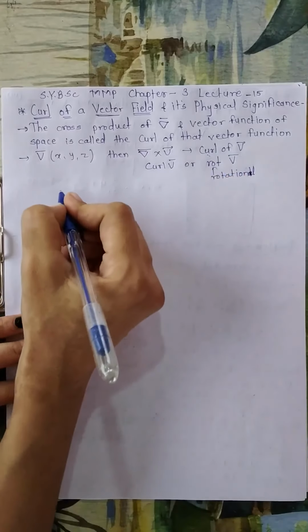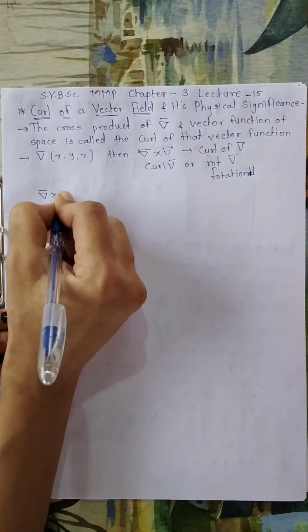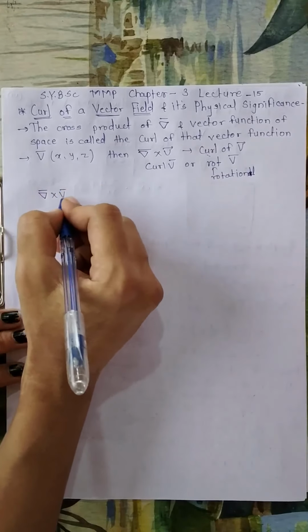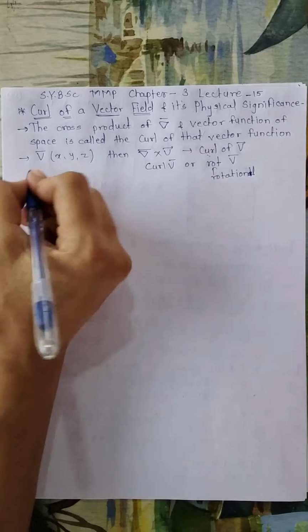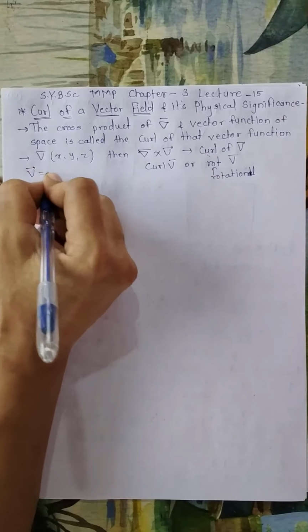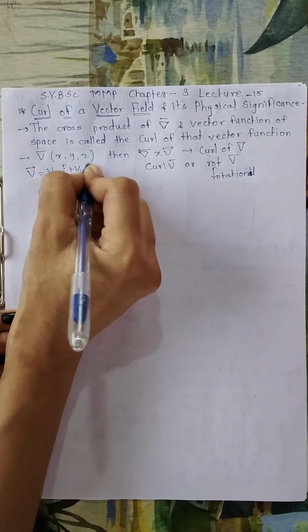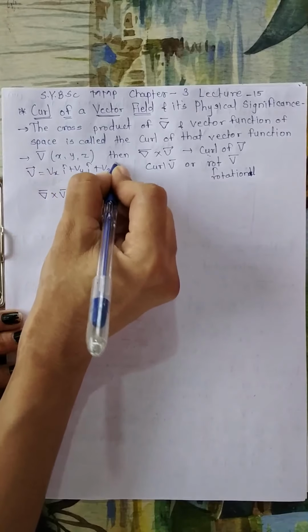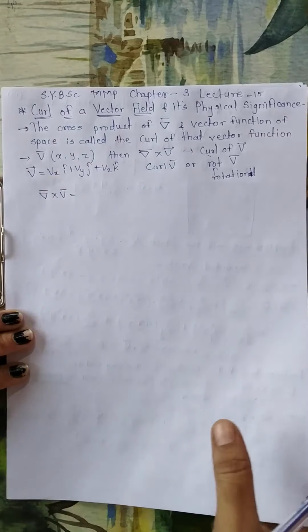So the curl of vector field is the cross product of del and v bar, where v is our vector function. So you know del and you know v. Now as previously, v is defined as vx i cap plus vy j cap plus vz k cap, since it is a function of all three Cartesian coordinates.